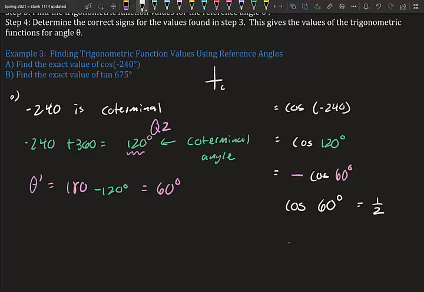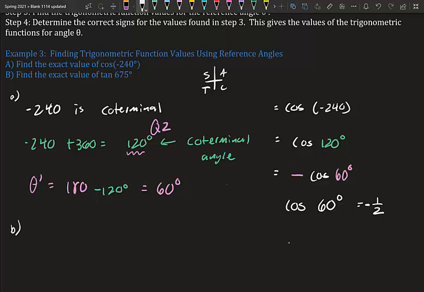If I drew the little CAST real quick, C-A-S-T. In quadrant 2, cosine is negative. So we have to make sure it's negative. That's what step 4 is, determine the correct signs of the values. That's figuring out, using CAST, is it positive or is it negative? Because we're in quadrant 2, it's negative.